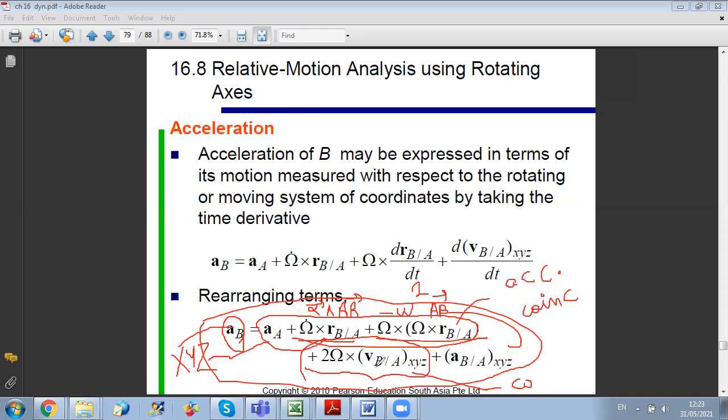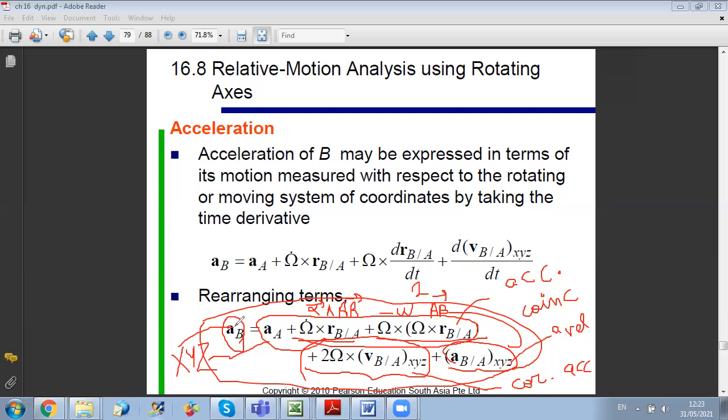Meaning when I have a relative velocity with the rotation, it gives me something called Coriolis acceleration. And finally plus a relative, which represents the relative acceleration of the point with respect to the frame. Okay, so this is the general formula in case I have 2 points with 1 point moving on the rigid body or outside of the rigid body too.